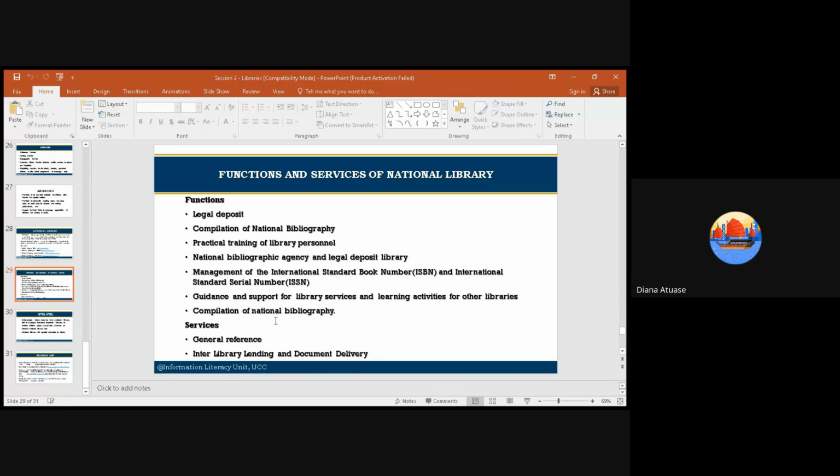And it also trains library personnel, providing practical training, mostly for national library personnel. When you take a book, there's always a number. You see, with the Food and Drugs Board, there's like a trademark.